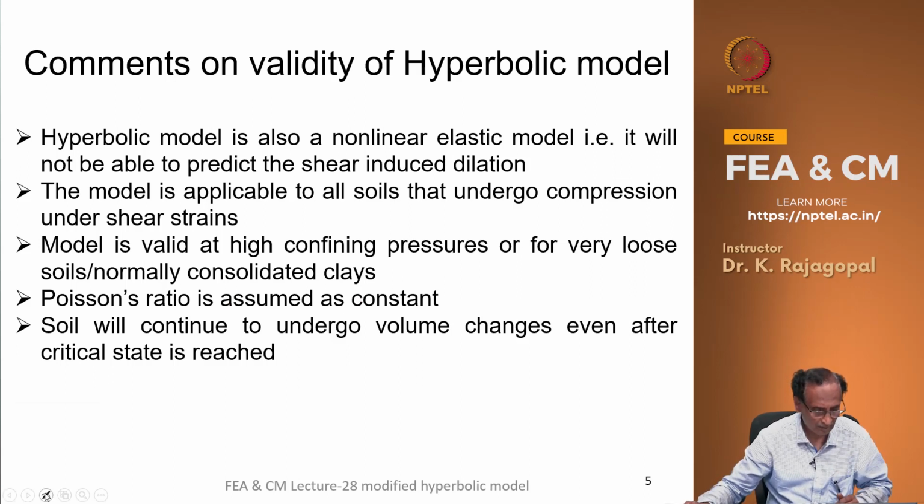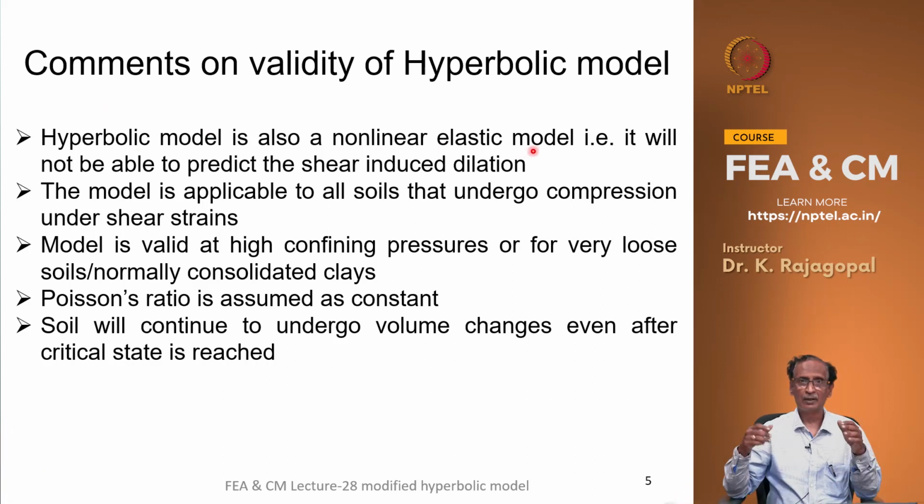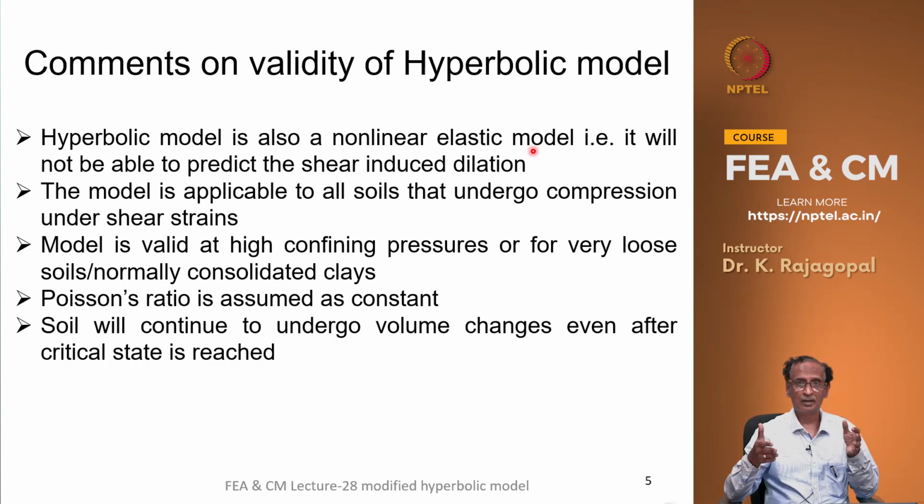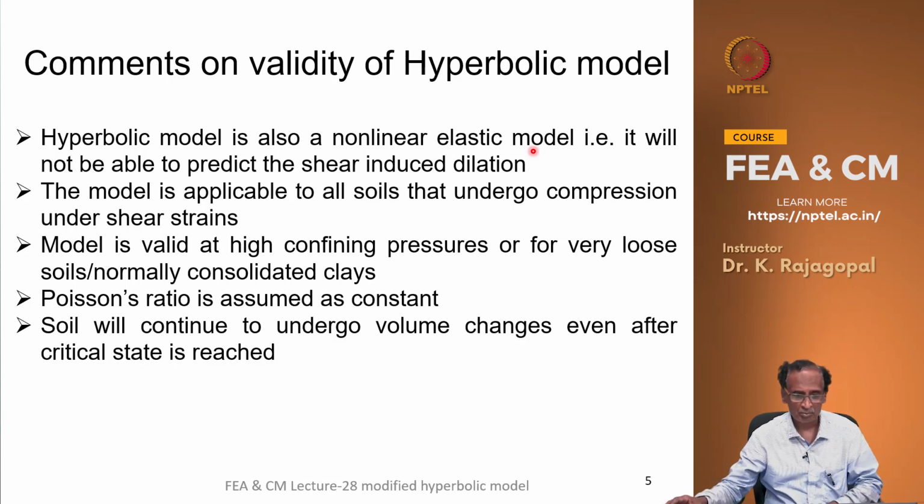Okay. So, our hyperbolic model is also a nonlinear elastic model. That means that the stress and strain are nonlinearly related, and then the unloading will recover all the strain, that is, it is elastic, and it will not be able to simulate the shear induced dilation.